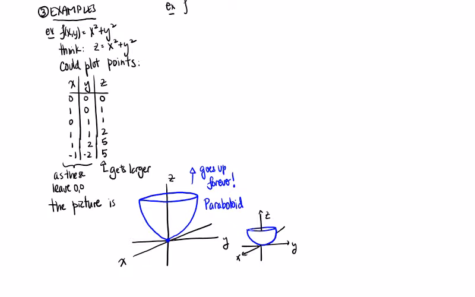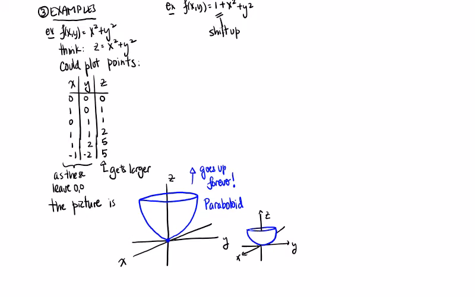So what if we did something like f of xy equals, a very simple change, 1 plus x squared plus y squared. So what happens in this case is, if we think of this, the 1 is a shift up.